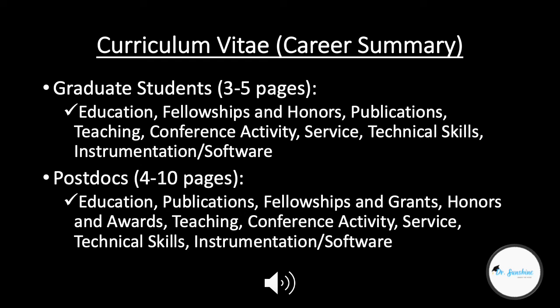The only thing I recommend here is that the difference between that and a grad student, the publications should come right after your education for a postdoc. And then you'll follow up with a section for fellowships and grants. Grants indicate that you are a PI on external awards that have gone through the traditional grant submission process, and that's a little bit different from a fellowship.